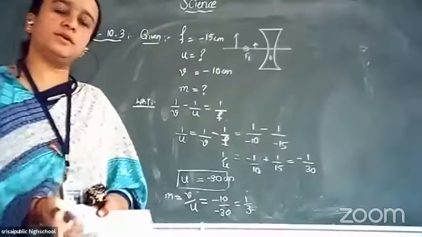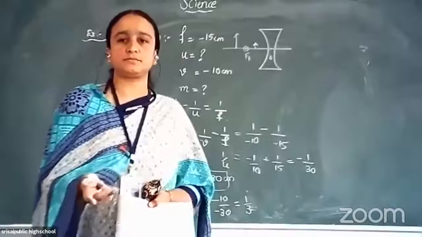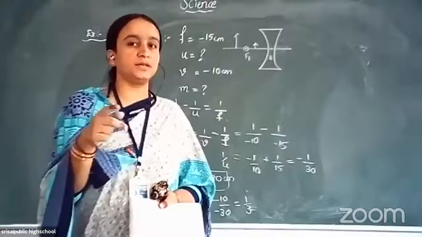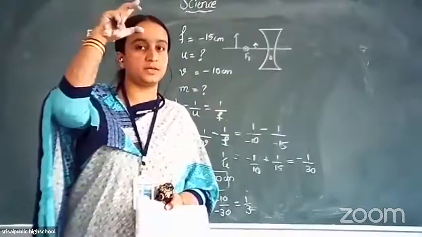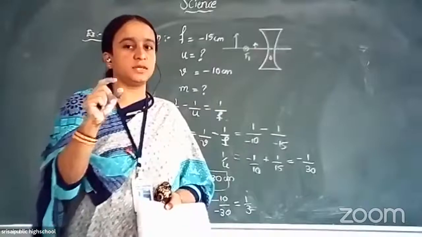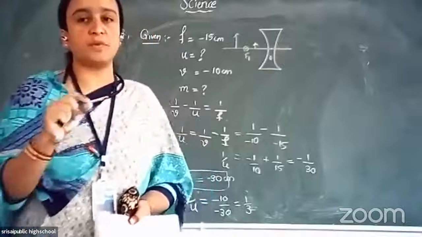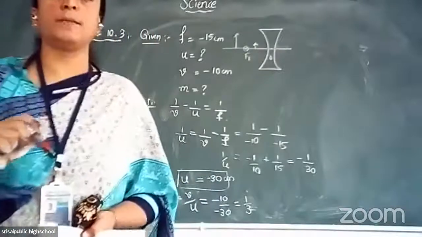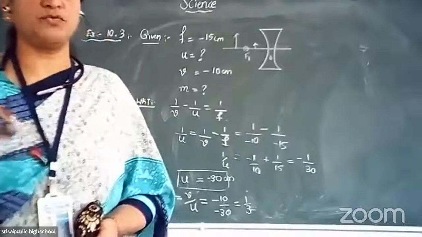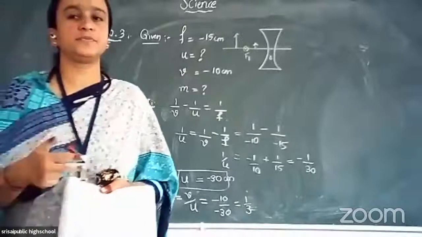If it was negative, what was the nature of the image then? This was clarified in magnification of the mirror. In the notes below that, for the magnification of mirrors, while explaining that, I have given it in the notes also. If the sign for the magnification is positive, the nature of the image is virtual and erect. If the sign for the magnification is negative, then how is the image?